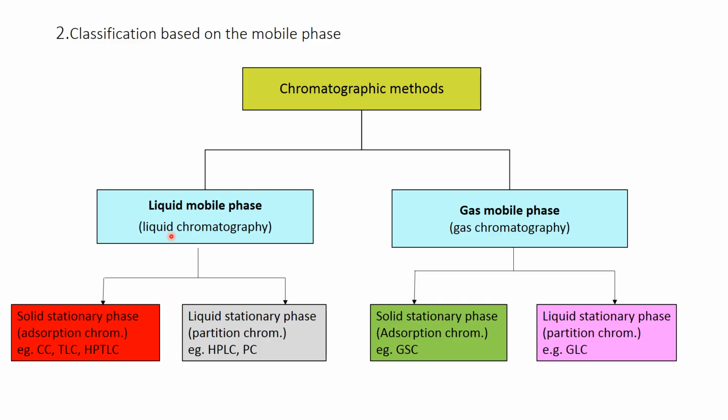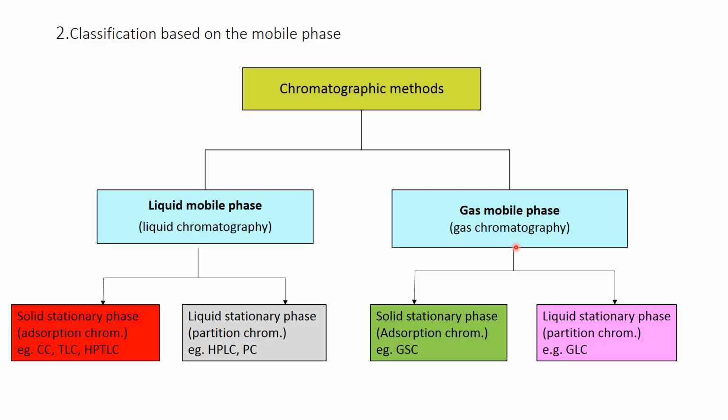If the mobile phase is liquid, then your stationary phase can be solid or liquid. Methods that fall under the solid combination are column chromatography, TLC, and HPTLC. The methods where both the mobile phase and stationary phase are liquid are HPLC and paper chromatography.